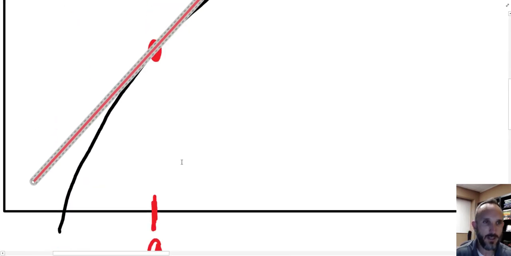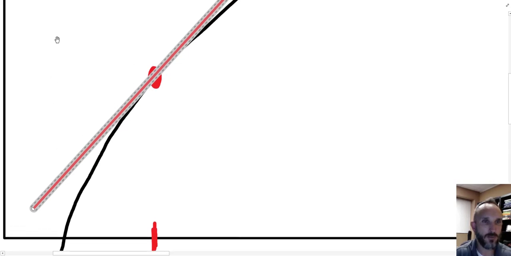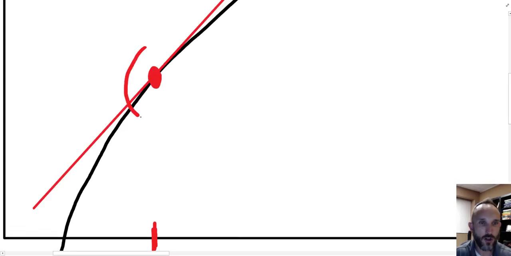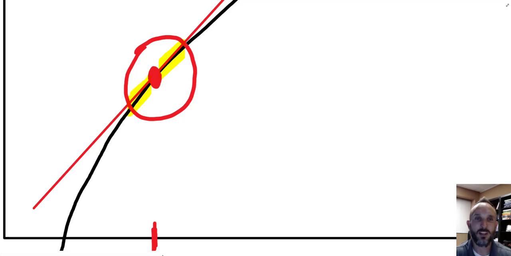If I zoom in near that point, the curve and the line don't differ by much when I'm near this a value. When I'm hugging near that a value, the tangent line is a decent approximation for the curve. The outputs of the tangent line are close to the outputs of the curve.